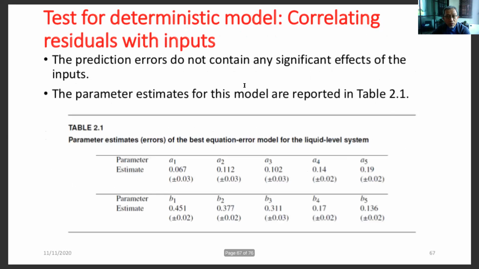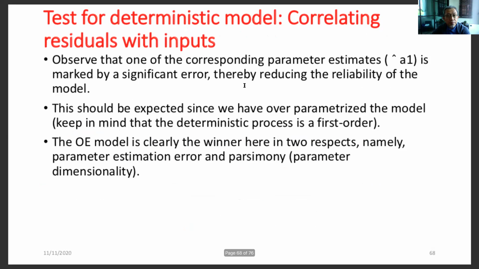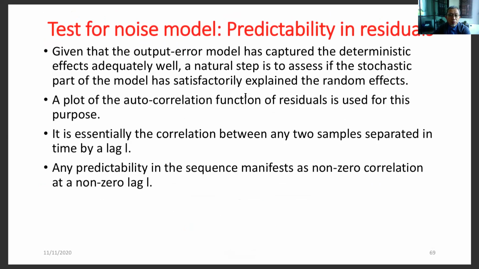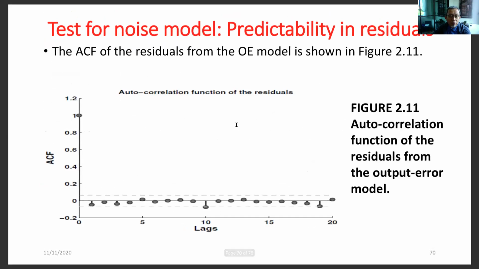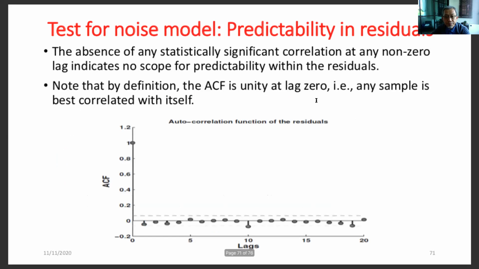On top of that, we also have a test for the noise model, for when noise enters the system. We just capture the noise and plot the autocorrelation function. As long as the tolerance is small, we can ignore the noise. But when the tolerance is big, we have to consider noise as the stochastic part of the model, where it will disturb and be significant in the estimated model.